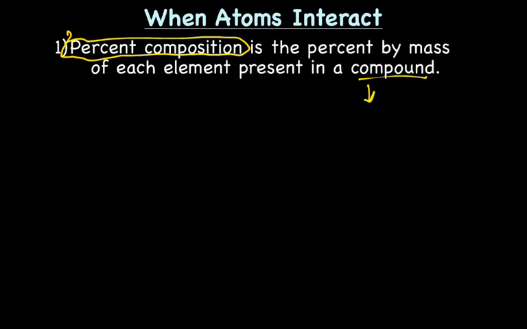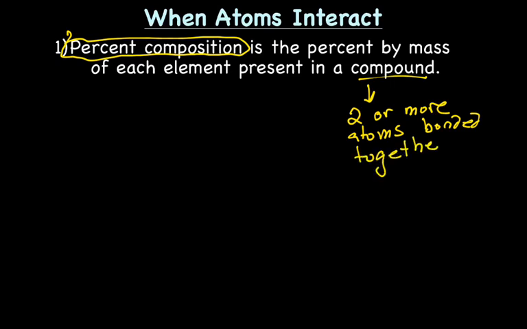That is 2 or more atoms that are bonded together. So for example, sodium chloride or water. Those are examples of compounds.